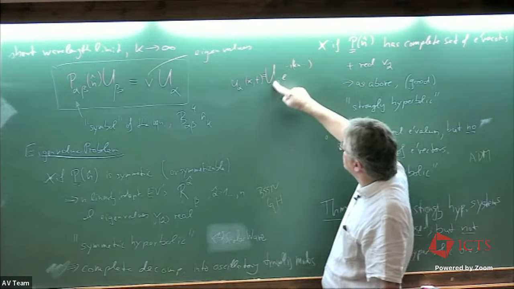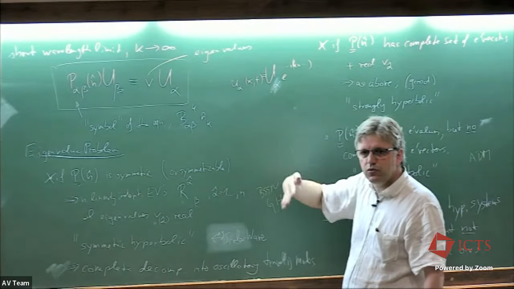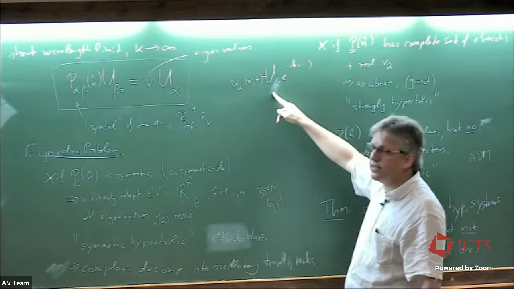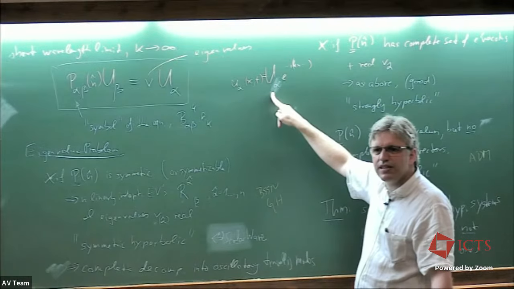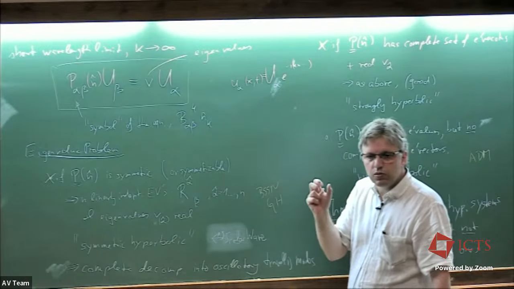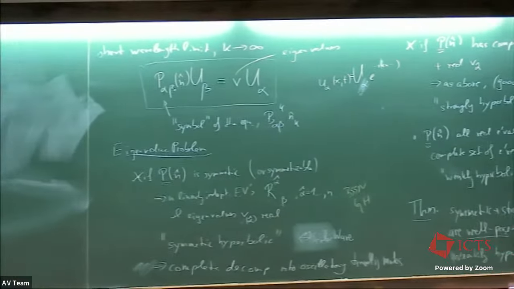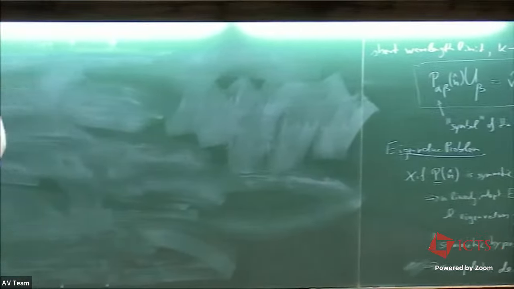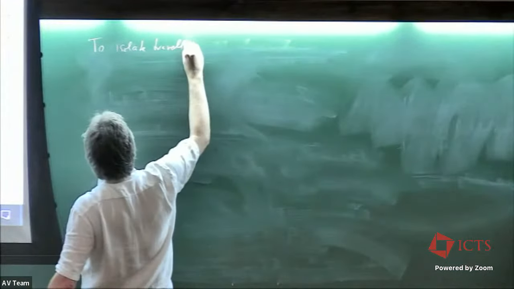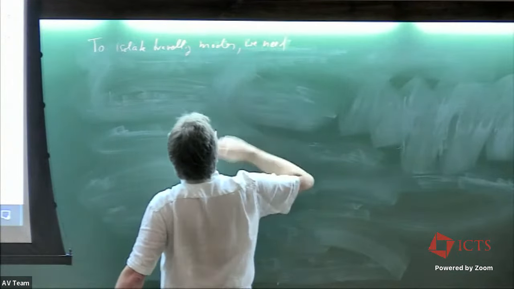But our traveling mode was still spread over all our evolved variables. So it has some power in g, some power in pi, some power in phi. We would like to isolate this into only one variable. And it turns out that to isolate traveling modes, we need left eigenvectors.